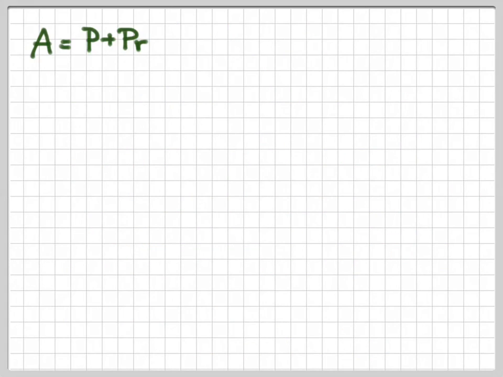So once again, if we have A equals P plus P times R, I can take a P out of here, and I'll have P times 1 plus R. The 1 plus R is how that money grows. If I start off with $100 and I'm making 10%, then I'd be 100 plus 10%.